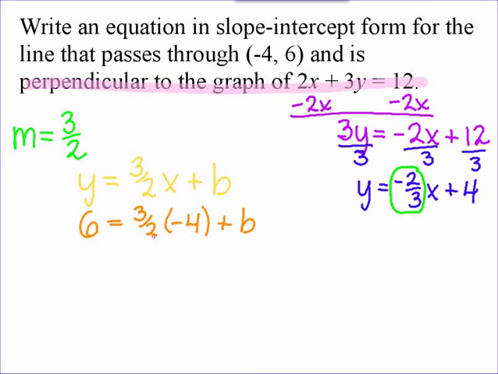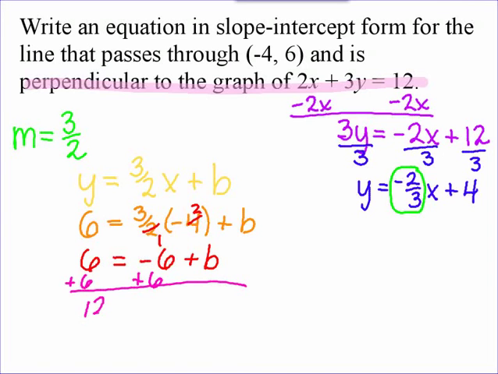So this becomes negative 12 over 2, or I can cancel like this, and you can see that I should get negative 6. You're going to find that out a lot. Now how do you solve? Add 6 to both sides, and I end up getting 12 equals b.